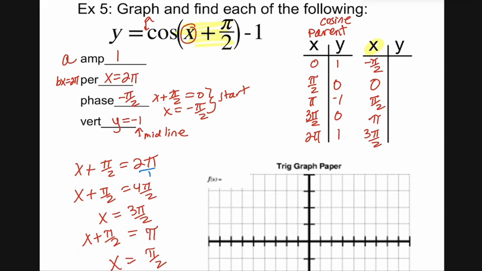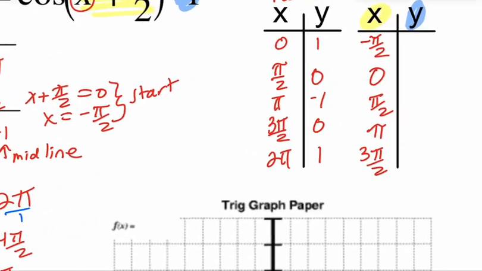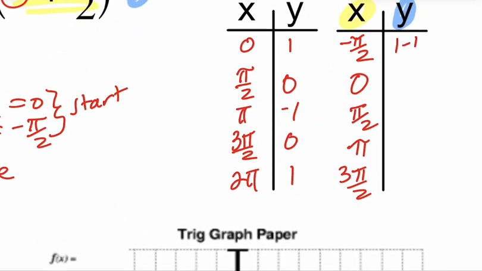Okay, now let's talk about the y values. Anything on the outside of the function only affects the y value. So the only thing that's going to affect those y values are the things on the outside of the function, just like we learned in transformations from before. So this function has gone down 1. The midline, the middle of it, is now at negative 1. So all we got to do is take those y values and take off 1.